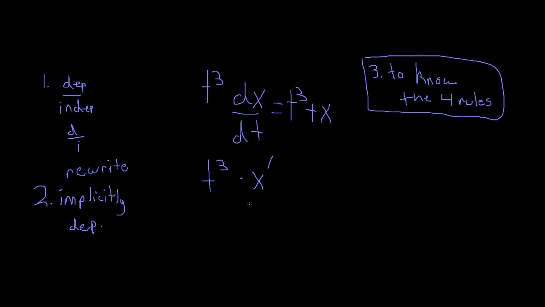And so what's the next step? We keep going, so let's see. We write all this. Our next step is to know the four rules. And the first rule is the power rule. And so, does it follow the power rule? Yes. Right, because these are independent variables. So we're really just focusing on our dependent variable for the first three rules.